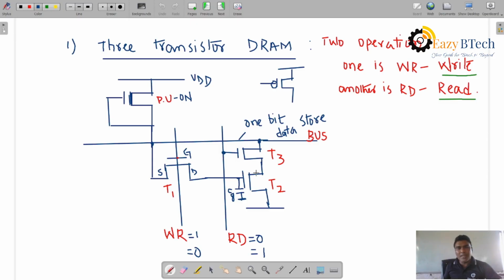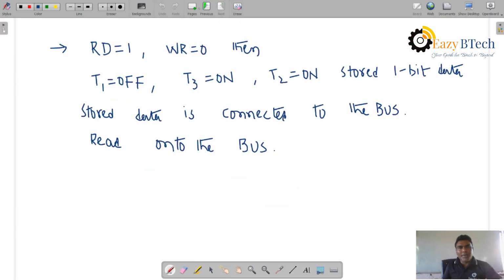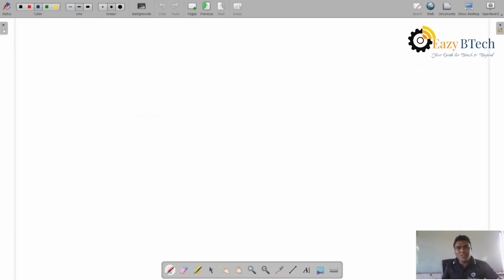What is the memory cell here? Transistor is a memory cell which can hold 1 bit of data. Like this, millions of data are stored, depending on the transistors. This is a 3 transistor memory cell, right?